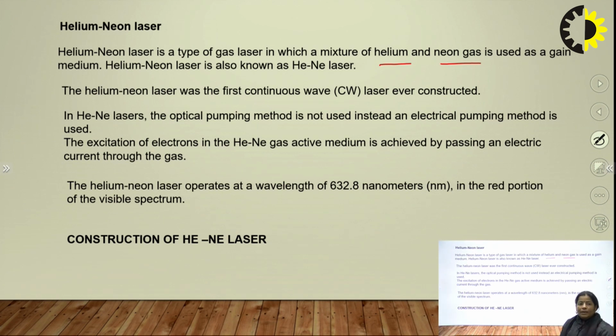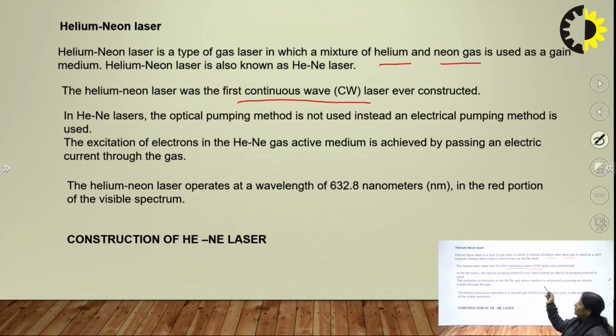So, now we can understand the role of the laser medium or the gain medium. They are actually the part which generates the laser beam. Alright, so helium neon laser also falls in the category of continuous wave type of laser.